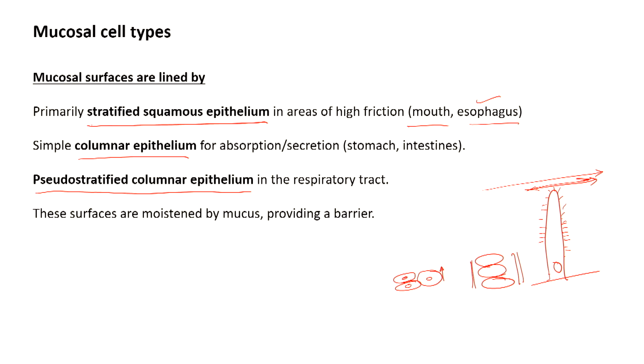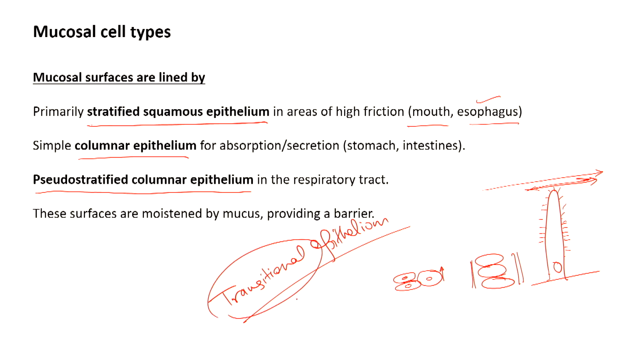Then we could have a transitional epithelium. These epithelia are mostly present in the urinary bladder, because, as the name itself indicates, they are transitional. That means they can transition from one type of cell to another. They are flexible because of the nature of the urinary bladder.